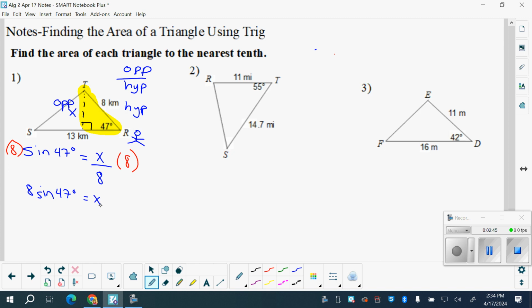So when we find that 8 times sine of 47 degrees, our answer needs to be the nearest tenth, but this is not our answer. We want to find the area. So we're going to use this to find the area. So when we find that 8 times sine 47, we have to carry it out more than the tenth place.